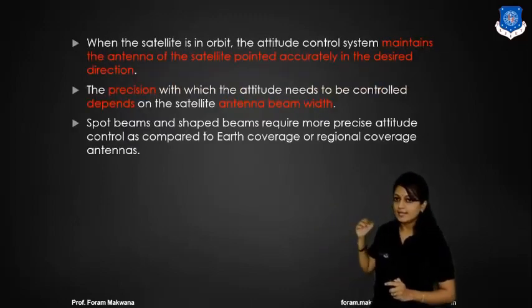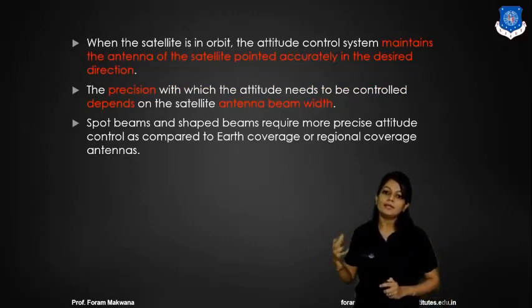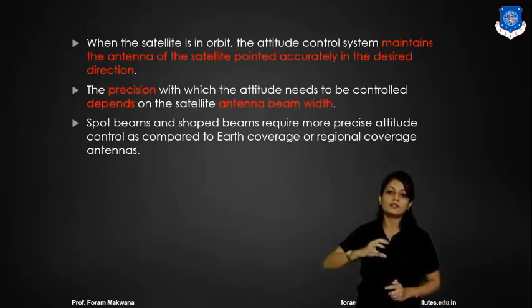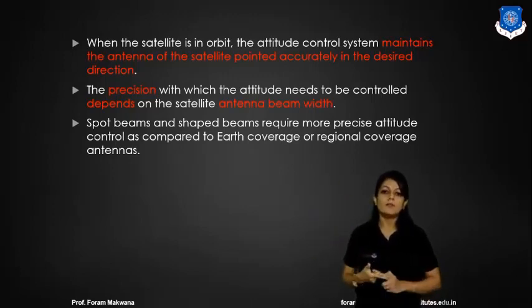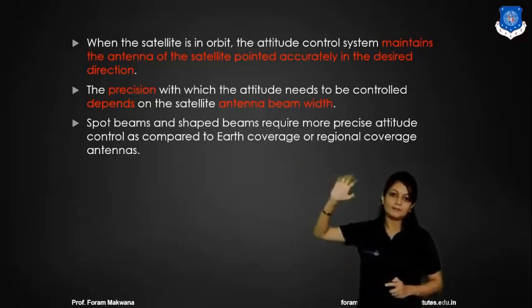Right? So when the satellite is in the orbit, the attitude control system will maintain its antenna orientation. That means it should focus in the desired direction at which my ground station antennas are oriented. Okay? So there will be an accurate orientation of my satellite antenna.